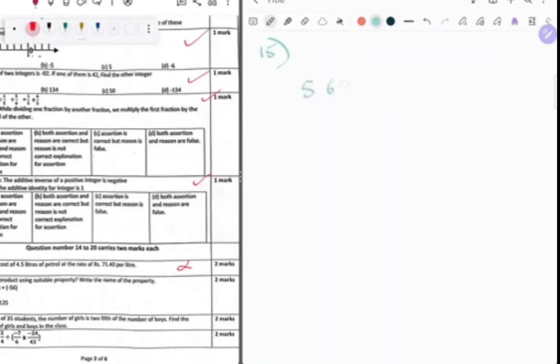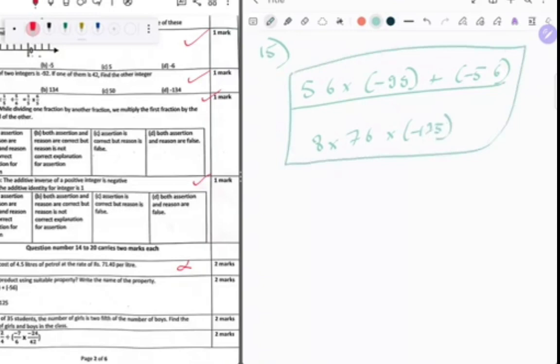Okay, 56 times 99 plus minus 56. That's the first one. Now the second one is 8 times 76 times minus 125. If you want to consider this is the first one, this is the second one. Now she wants you to write the name of the property.